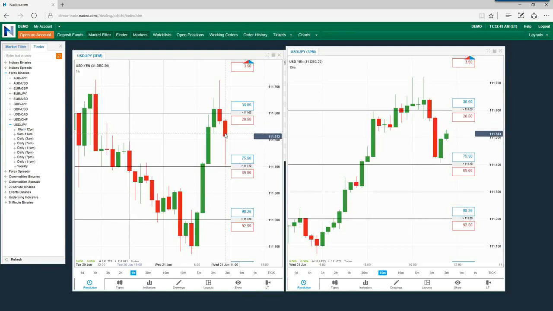Which pair of time frames do I usually trade? If I'm trading a weekly, I'm using a daily. If I'm trading a daily, I'm using a 60-minute.